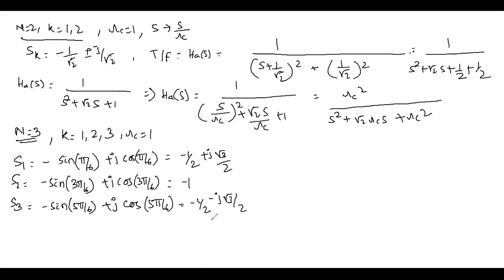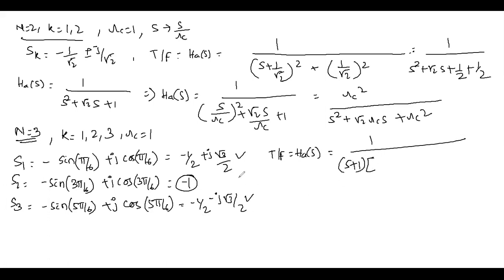Okay. Now what is the transfer function? Same. These are the poles. See, these are complex conjugates of each other. This is one real pole. Then we can write the transfer function H of s equals, first you take this real pole, that is s plus 1.